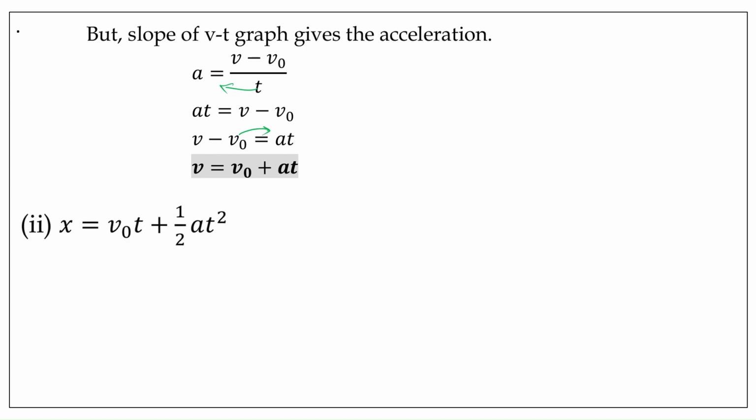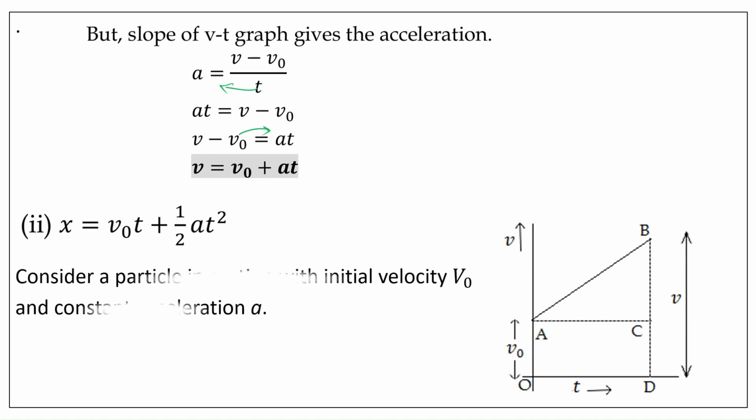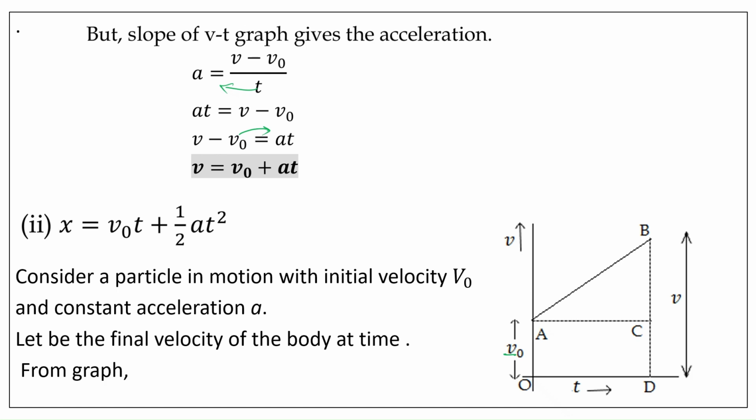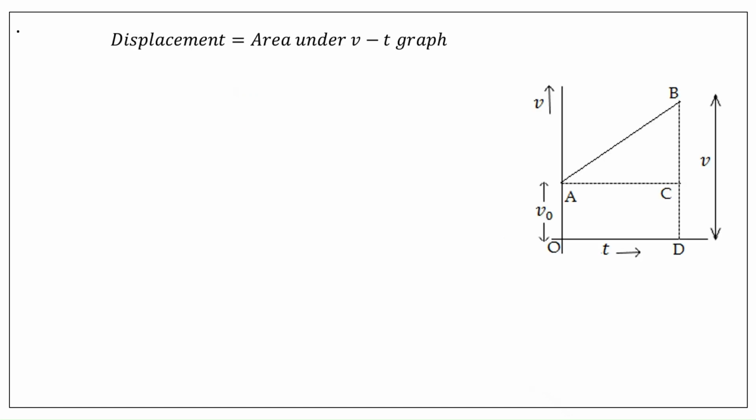2. x is equal to v0 t plus half a t square. Consider a particle in motion with initial velocity v0 and constant acceleration a. Let v be the final velocity of the body at time t. From the graph, displacement is equal to the area under the vt graph.